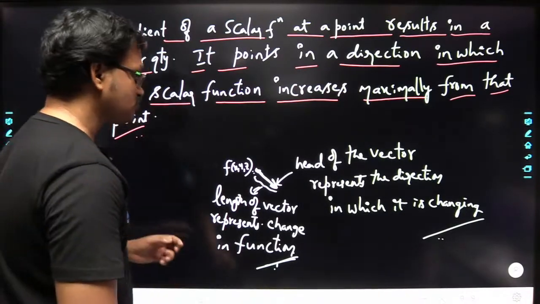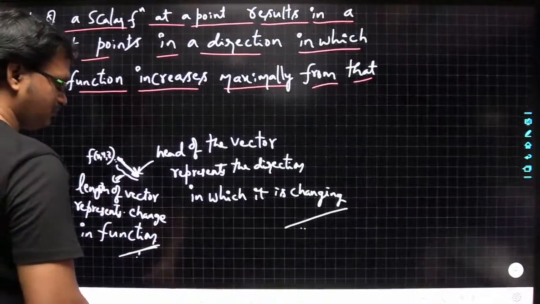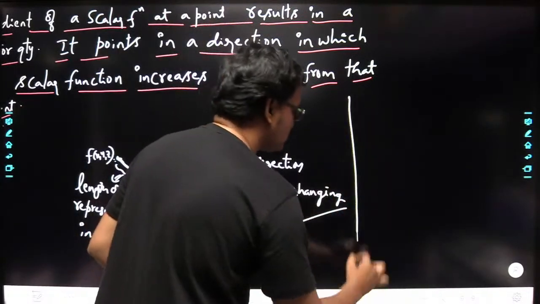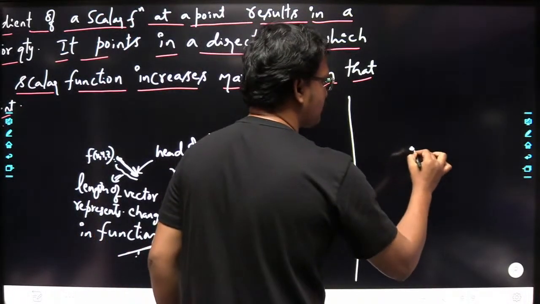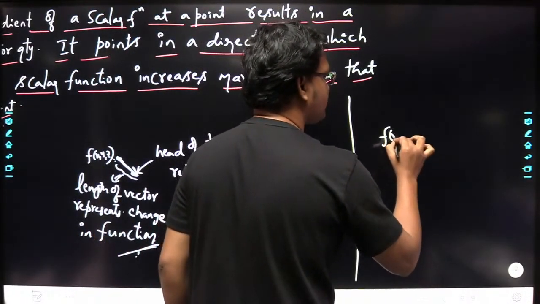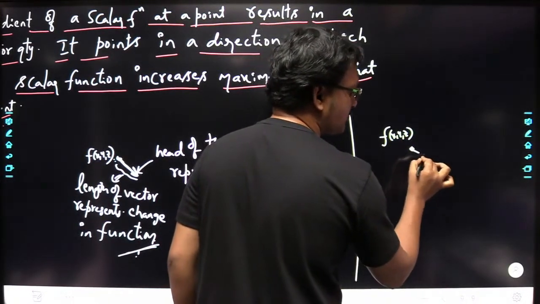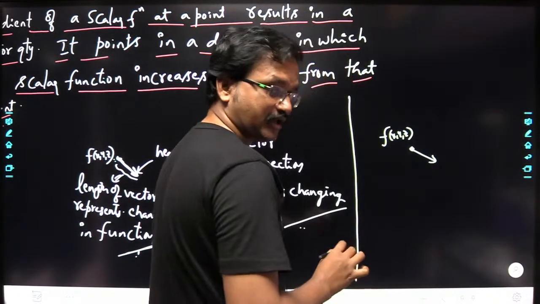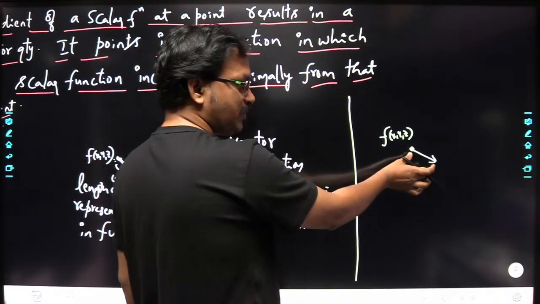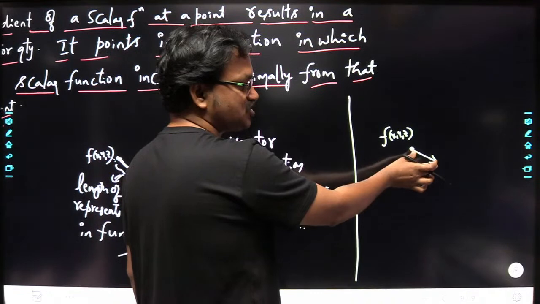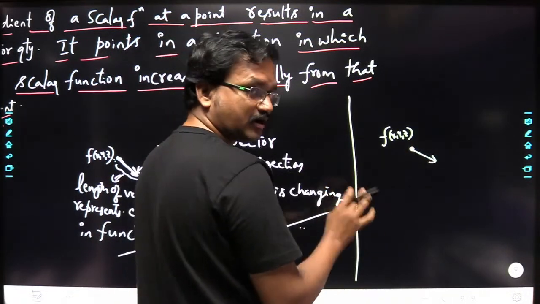Okay, so now see here. This is the point I have considered. This is f of x comma y comma z. Let us assume in this direction I got the vector like this. This vector represents the change in function along this particular direction.